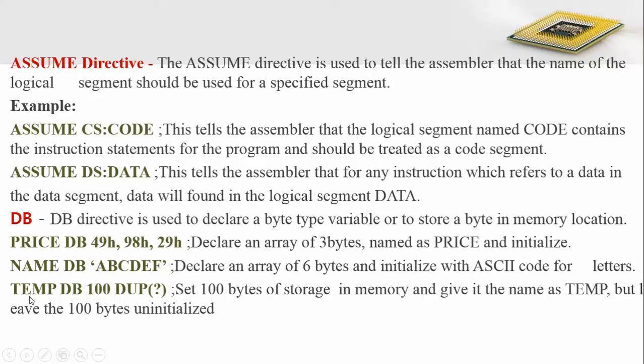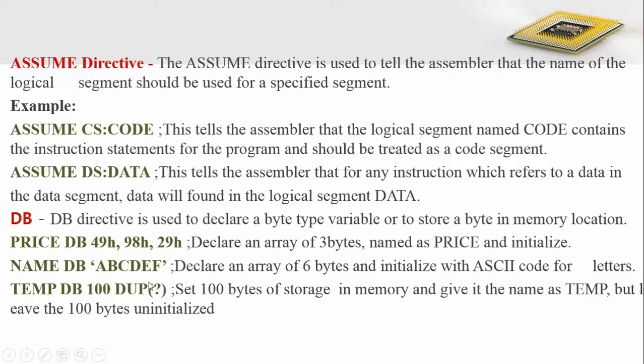The third example: TEMP DB 100 DUP(?). What is the meaning? Here we need to allot 100 bytes, and these 100 bytes are assigned the user defined name TEMP.